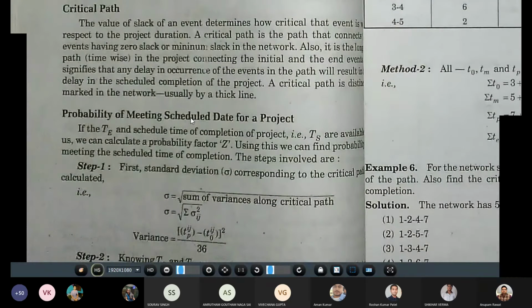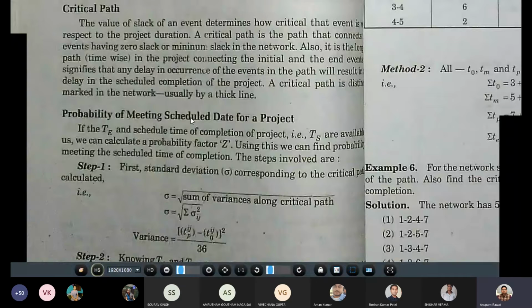All the events along the critical path are considered critical because any delay in their occurrence will result in a delay in the scheduled completion of the project. A critical path is thus the longest path connecting the initial and the end event.